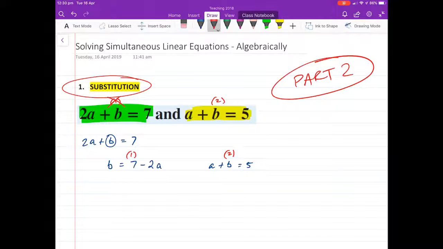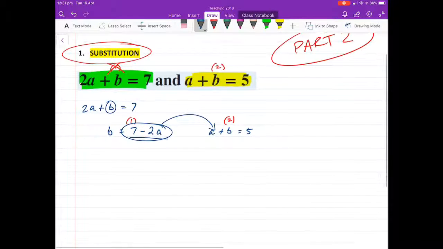Okay, from here, because our equation 1 says that b equals that, we can now substitute that in for b. Now the process from here on in is exactly the same. So I'm going to sub 1 into 2.